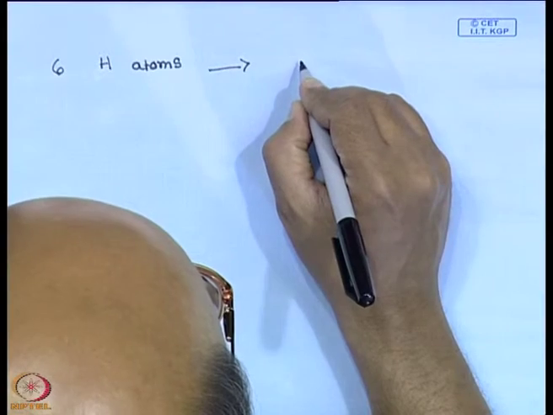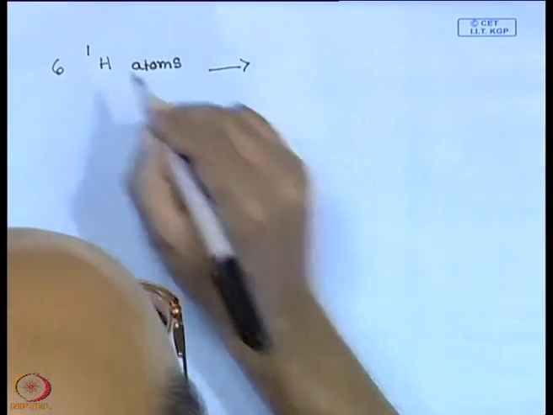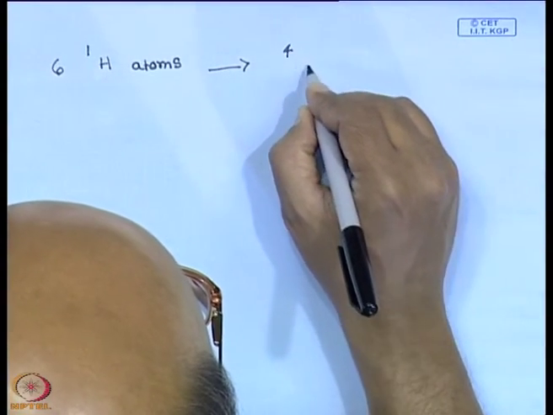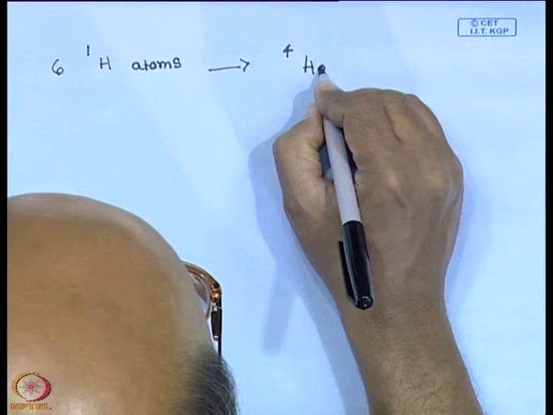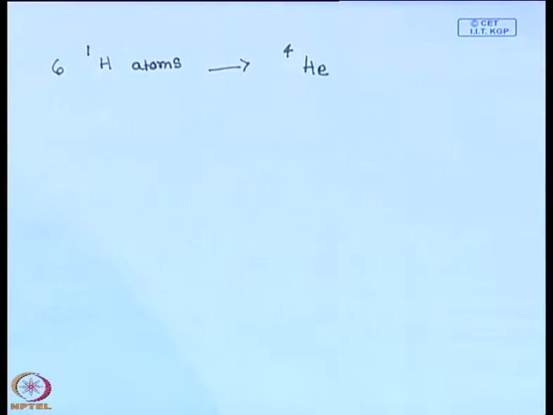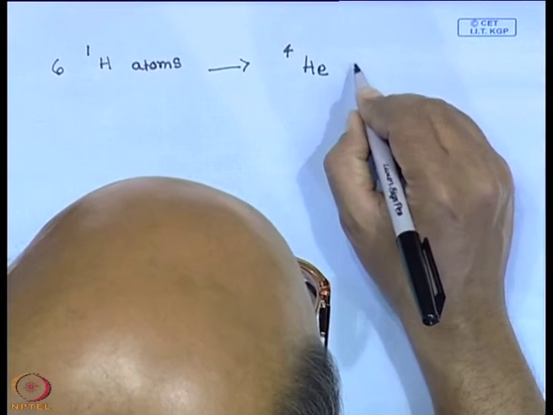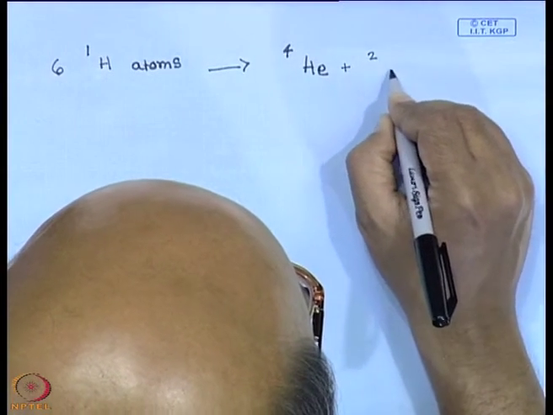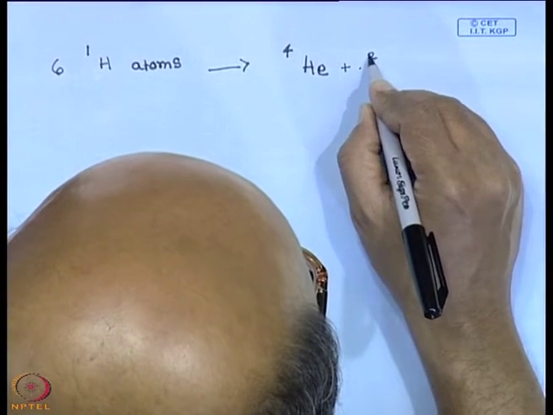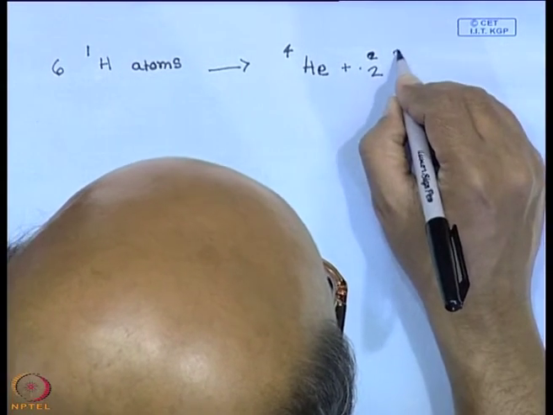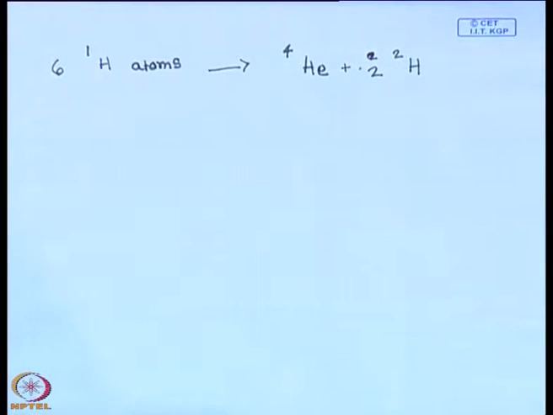So, you have this helium 4, and you have 2 hydrogen atoms in addition to this. So, you have 2 times 2 hydrogen atoms. Okay. This is the overall effect.